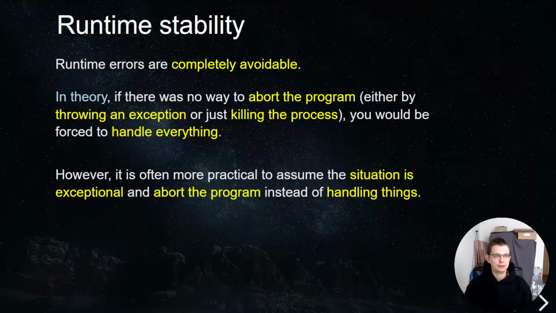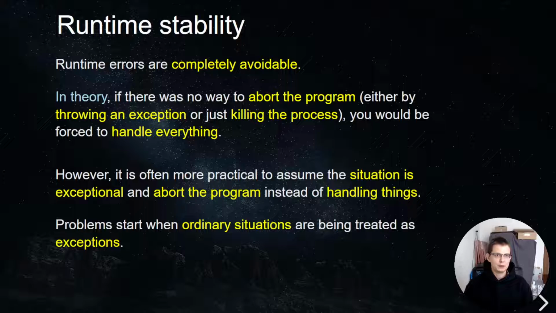However, in practice, it is often more practical to assume that the situation is exceptional and then throw an exception or just exit the program instead of handling things. For things like, this should never happen, or things that you cannot prove statically in the code, but you know that are handled at runtime.